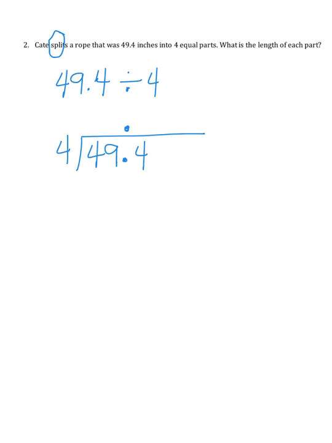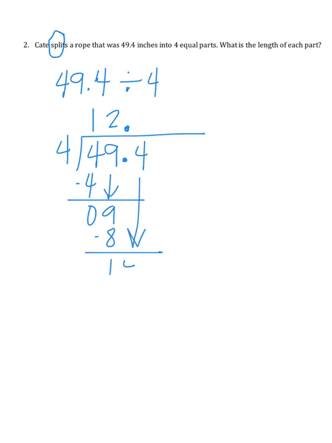4 goes into 4 one time. Bring down our 9. 4 goes into 9 two times. Bring down our 4. 4 goes into 14 3 times. And we need to add a 0.